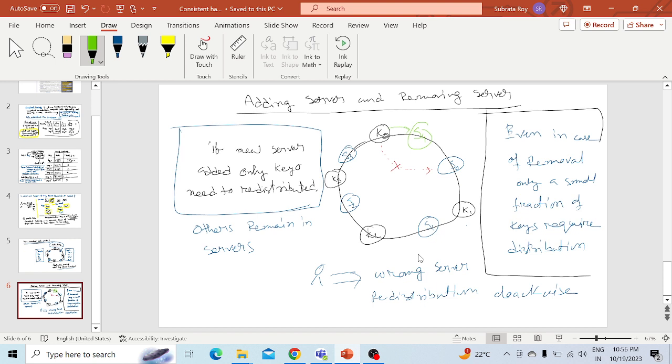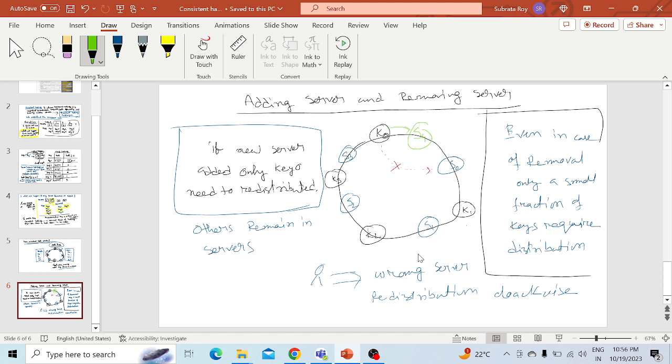It should not happen that the S1 node has a larger number of keys and some of the other servers have fewer keys. The distribution should be more balanced so that the outcome is better.